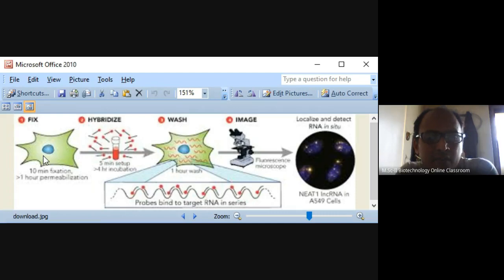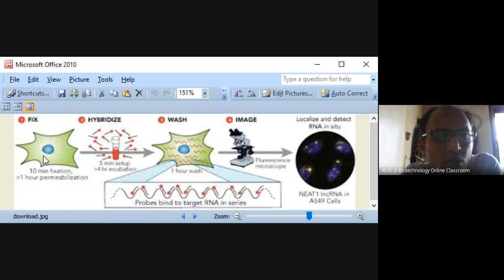For example, if my cells are taken for FISH analysis, it will not insert the dyes into my body. They will take out some cells from my body and fix them on a slide, the way we fix bacteria on a slide. The way you stain bacteria with stains, they stain your cells with the help of hybridization with the probe. They observe it under the microscope on the slide and then discard it.